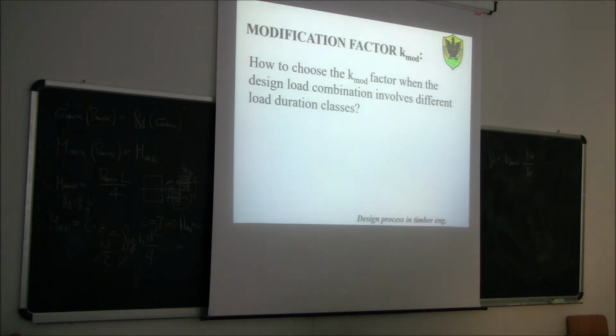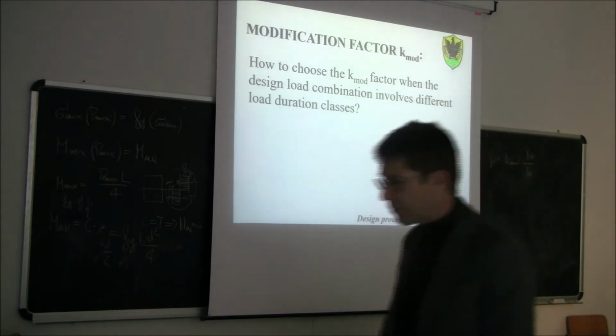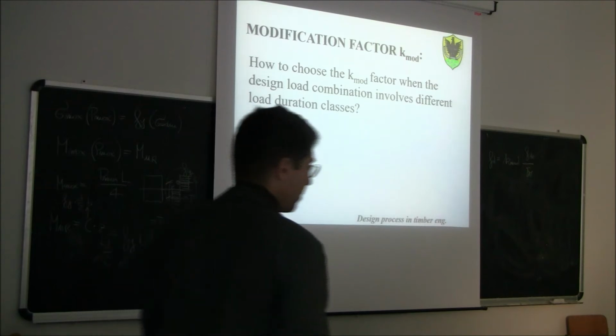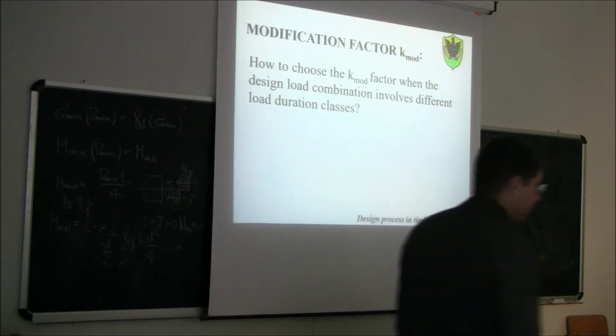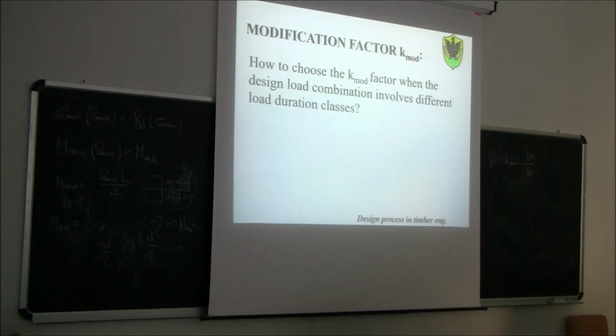You know very well, you studied in the previous course, in reinforced concrete design, that in the ultimate limit state you have to consider the permanent loads multiplied by the load amplification factor, and then you have to sum them with the variable actions multiplied by the load amplification factor. You get your load combination, which is a combination of permanent, short-term, long-term, different load duration classes.